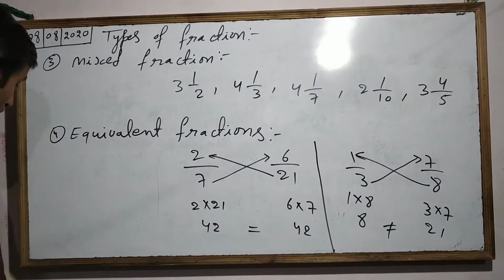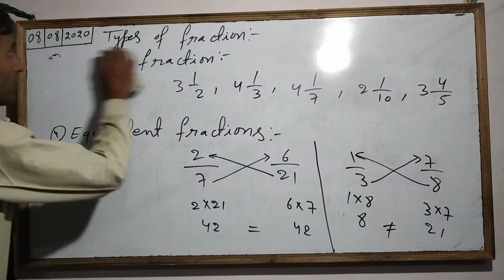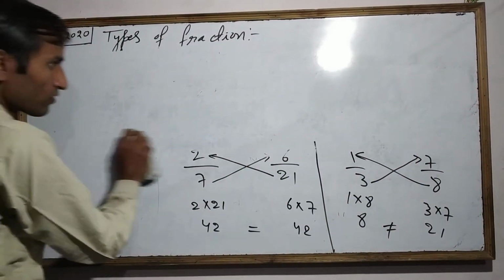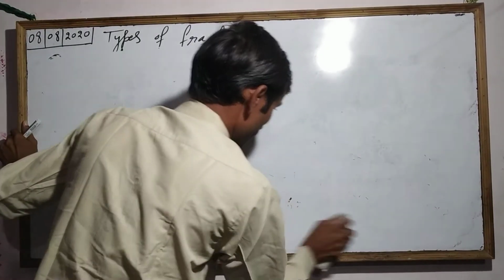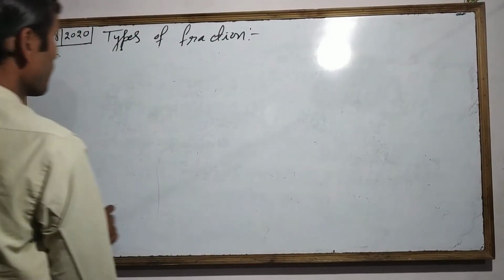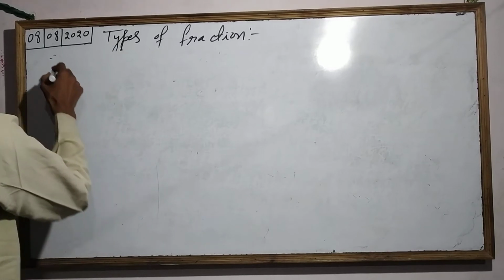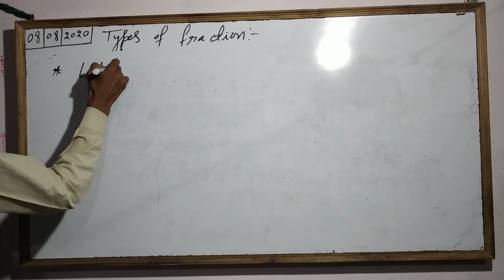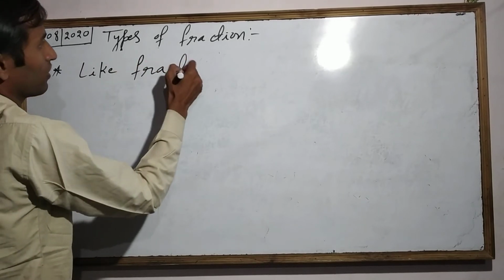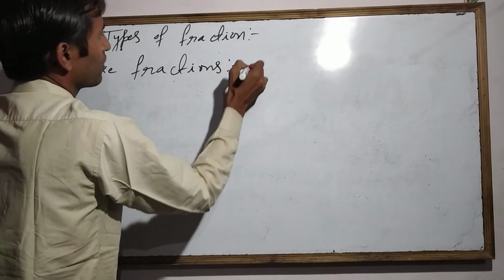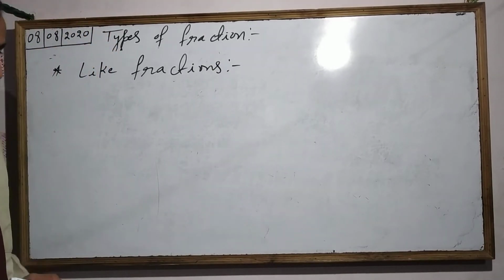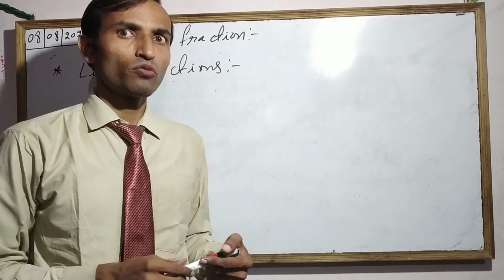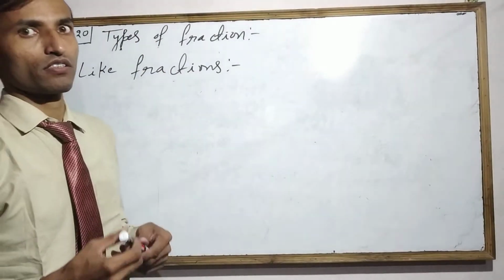Next, we will look at the next type, which is like fraction and unlike fraction. First, like fractions. Like fraction means two or more fractions have the same denominator.